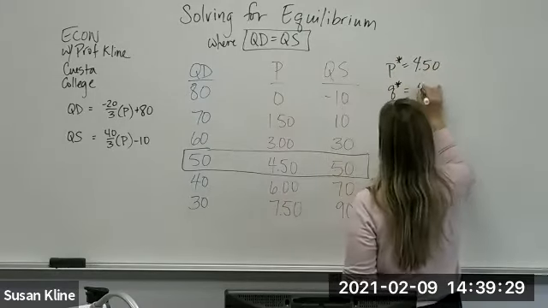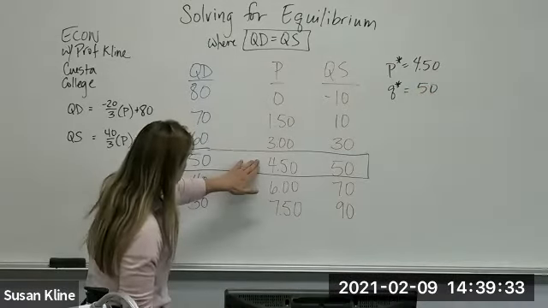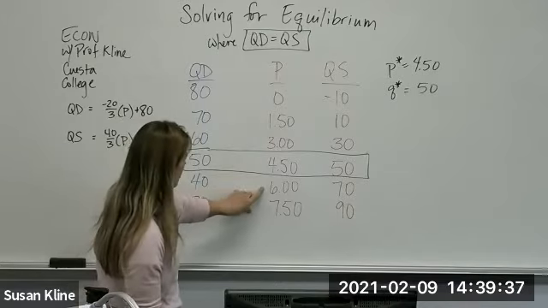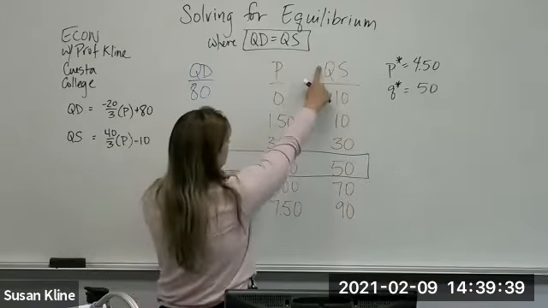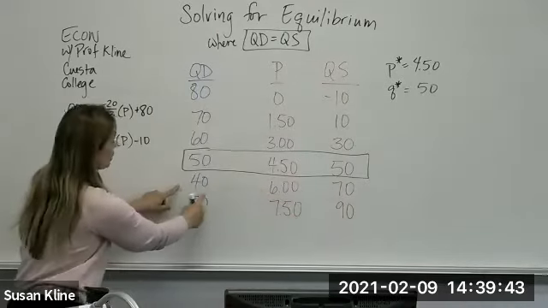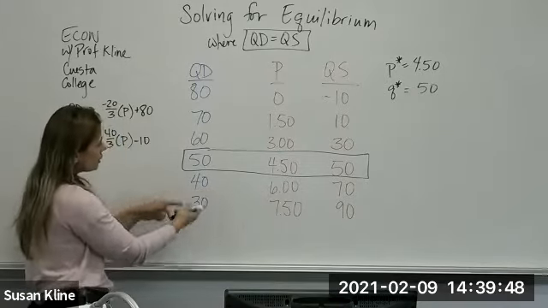What happens is that as the price goes higher, if the price were $6 in this market, then the producers want to produce 70, but the consumers at $6 only want to buy 40. So what do we have?